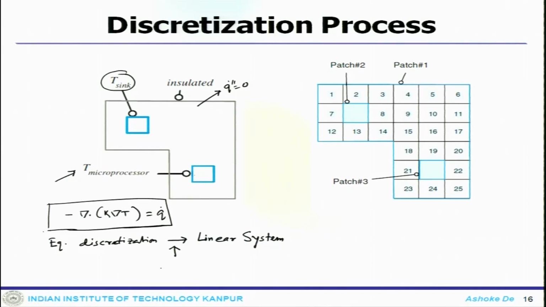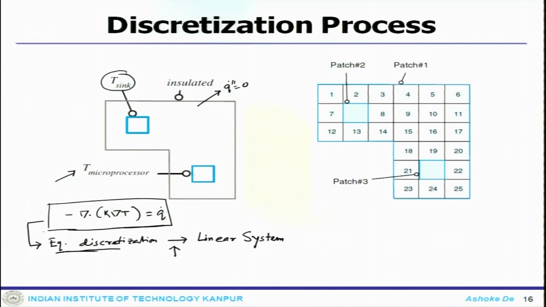For this particular scenario, since we are interested in the finite volume method, we are applying our finite volume discretization. This is the particular equation that we are interested in, because this system is governed by the steady state heat transfer equation with a heat source.